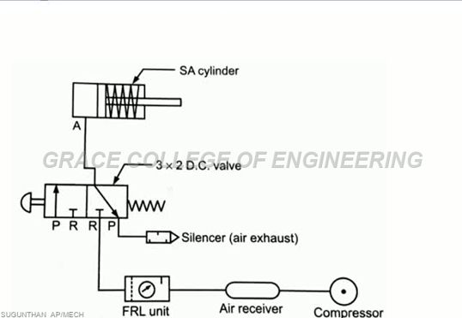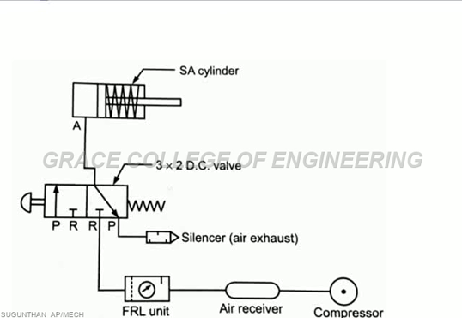When we apply the push button to the DCV valve, the air enters the cylinder. In that situation the cylinder will extend. Then when we release the push button, the direction control valve automatically returns by spring force.